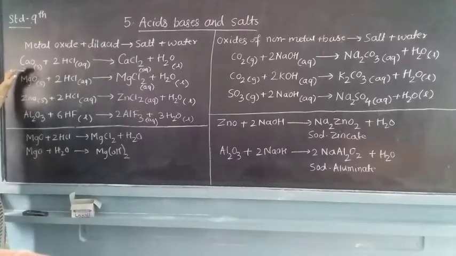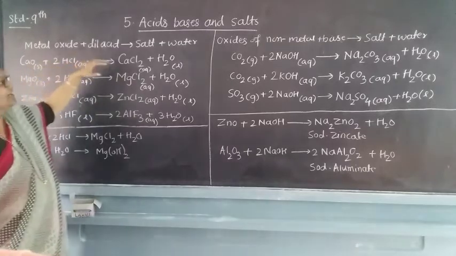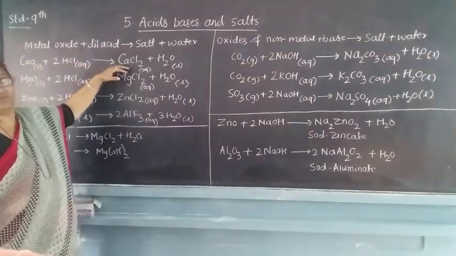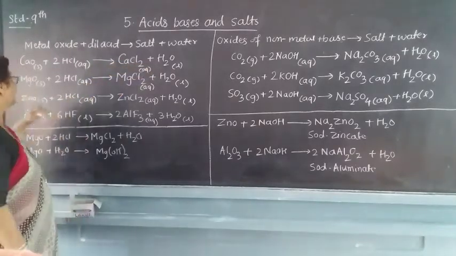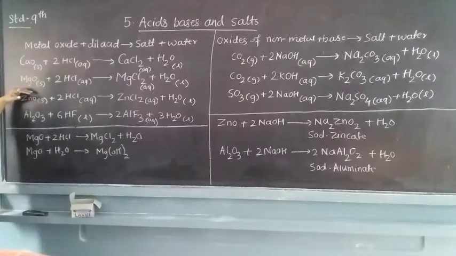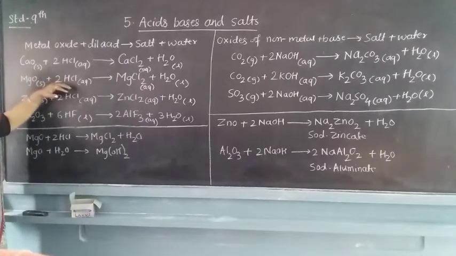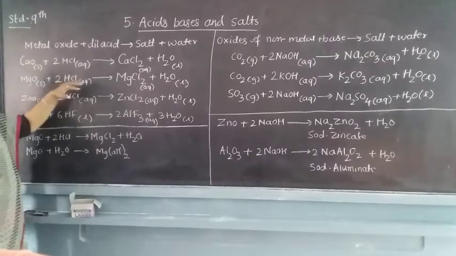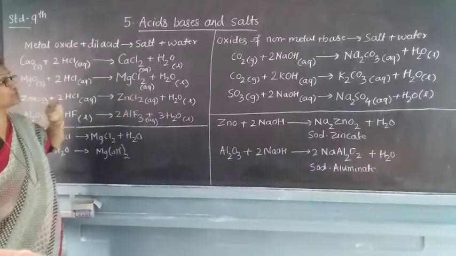See there, calcium oxide when it reacts with HCl gives calcium chloride, which is a salt, plus water. Next comes magnesium oxide. When it reacts with aqueous HCl, it gives magnesium chloride plus H2.